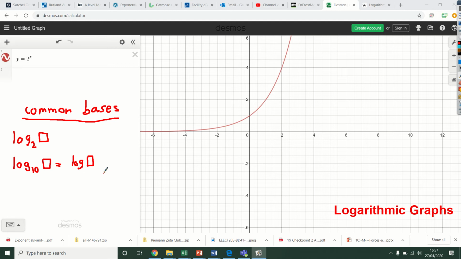And then finally, seeing as we now are familiar with e to the x, it's incredibly common to see log base e. And the notation we use for that, which you saw probably in the 3 blue 1 brown video, is ln. Okay, don't ask me why. This is the notation for the natural log. And it's log base e.